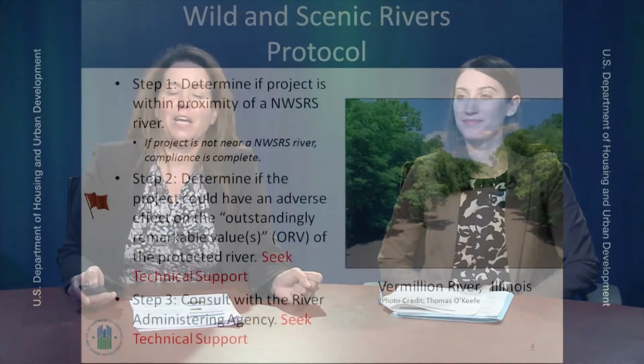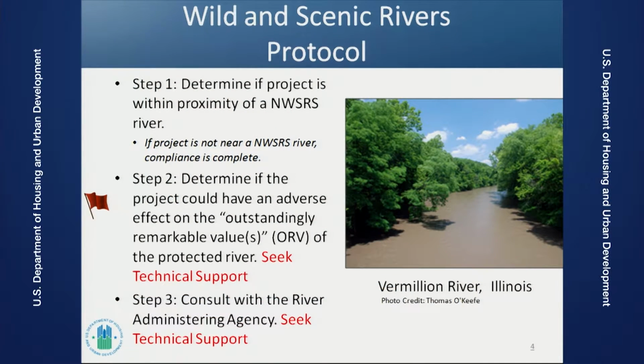Okay, the Wild and Scenic Rivers Act review is a pretty simple process also. These ones that we've been going through, you can see that they're pretty simple. So the first step is to determine if your project is within proximity to an NWSRS river. If the project is not near a protected river, then you're in compliance. If you are near a protected river, you may want to seek some technical support to find out if your project could have an impact on the outstanding remarkable values of the river.